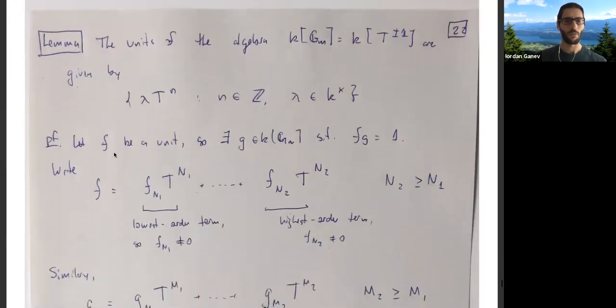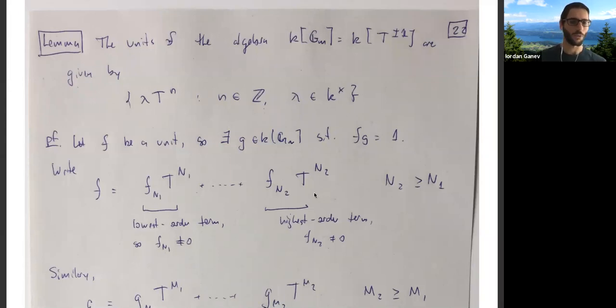So let f be any unit, and we know that there exists some other element g such that the product is 1. Since f is a Laurent polynomial, we can write it out in this way. n1 and n2 are just some integers, and we can take the lowest order term. We call n1 the smallest power of t that appears in this Laurent polynomial with non-zero coefficient, so f sub n1 is non-zero.